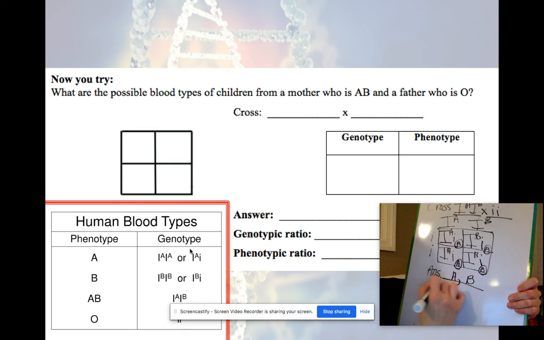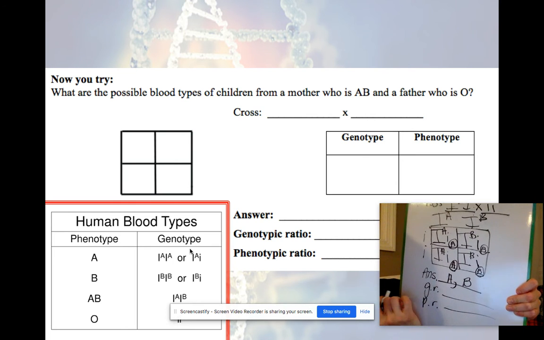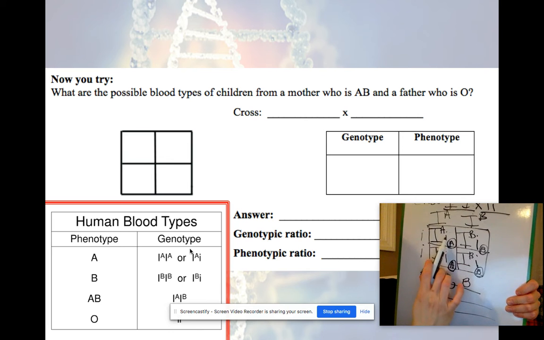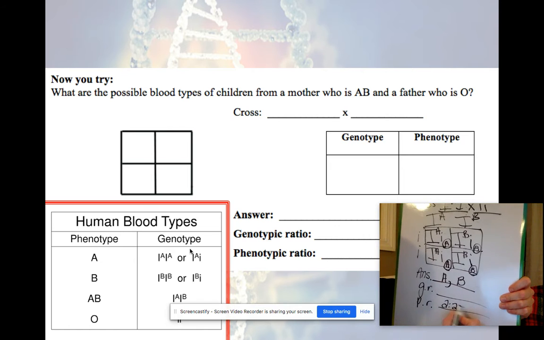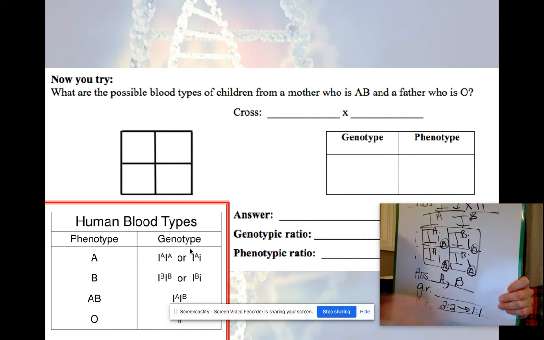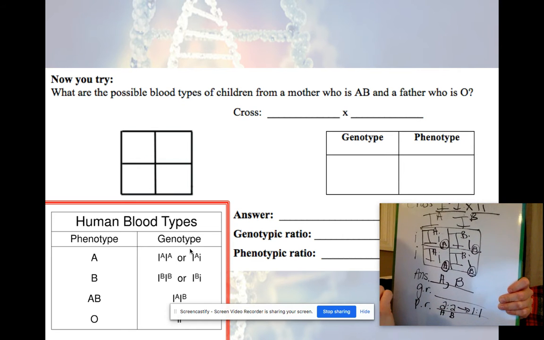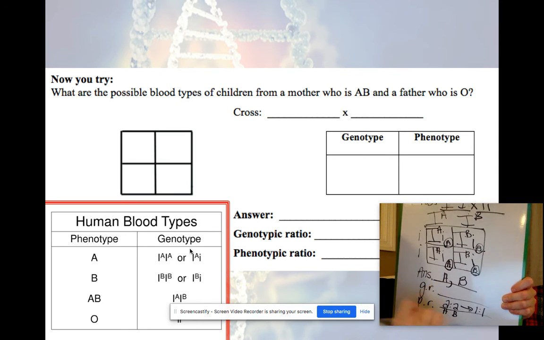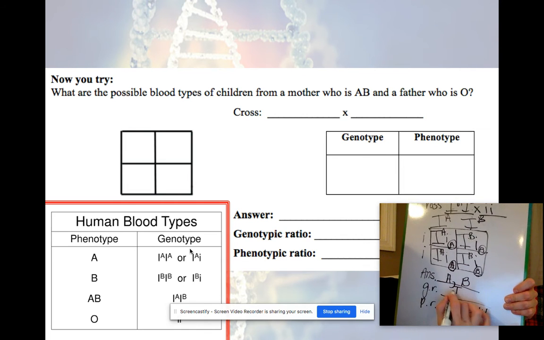And now let's determine the genotypic ratio and the phenotypic ratio. And you see that there's two A's and two B's, two type A's and two type B's. So that's the phenotypic ratio. And that may be reduced to 1-to-1 because there's two type A's and two type B's. Now for the genotypic ratio, we have two genotypes.